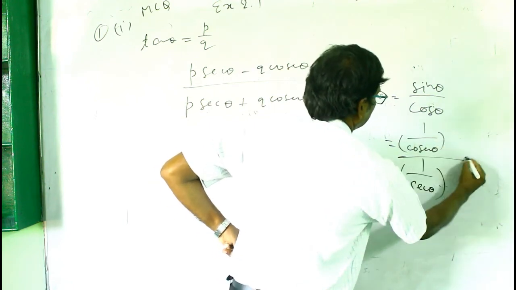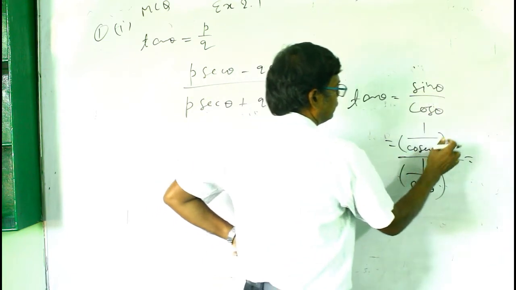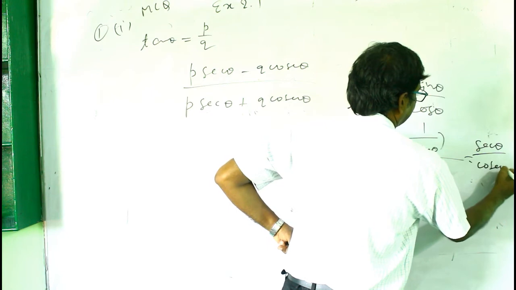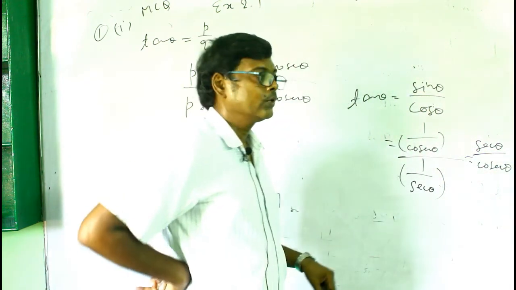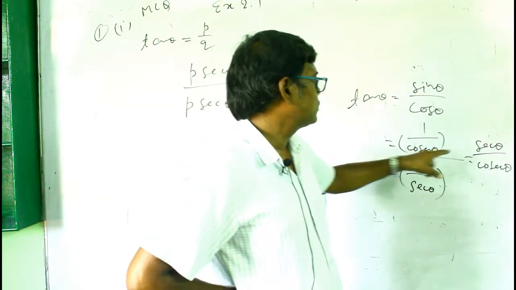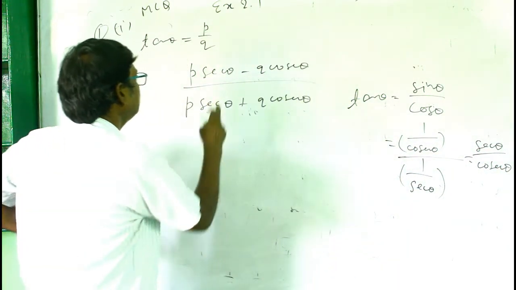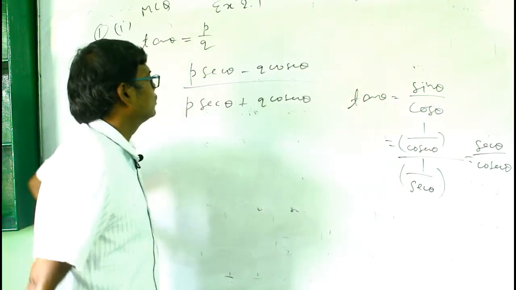Then this sec will go up and this cosec will go down. So you have sec theta by cosec theta. Okay, so tan theta equal to sec theta by cosec theta here, right?